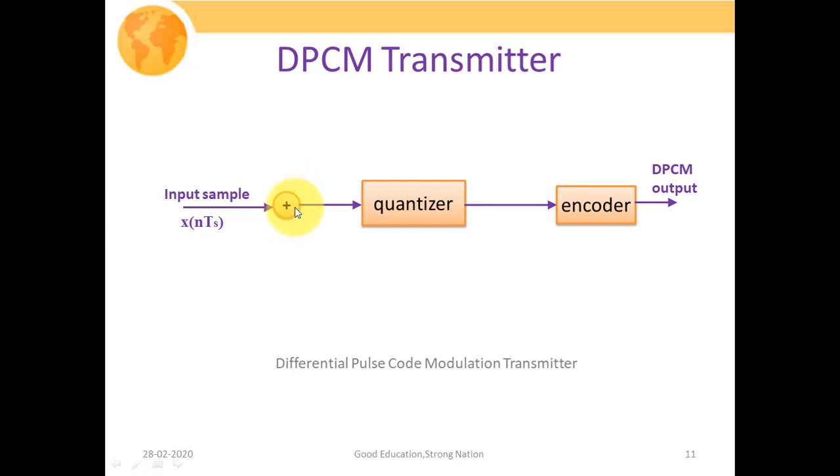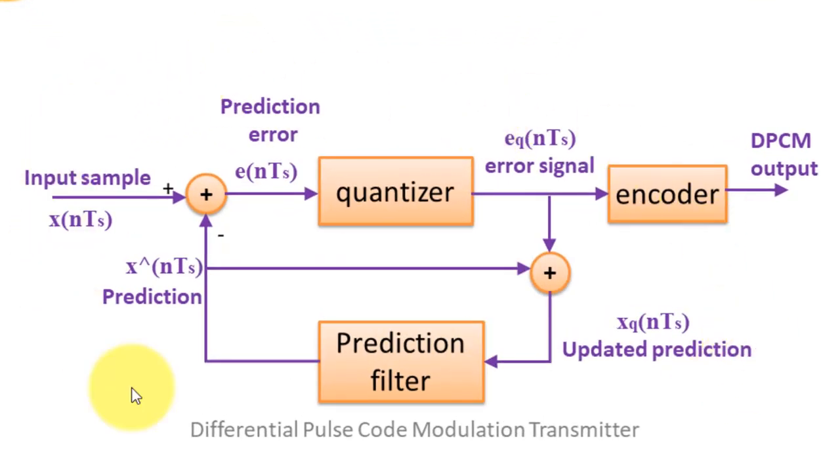Then that signal gets passed through the quantizer, which quantizes the incoming signal, and that gets passed through the encoder, which generates the coded signals on the basis of the quantizer output, and the output of the encoder will be our DPCM output. Basically, this transmitter figure is a little bit incomplete. Now we will try to describe the role of this summer and the remaining part of the DPCM transmitter. So now this whole figure shows the DPCM transmitter.